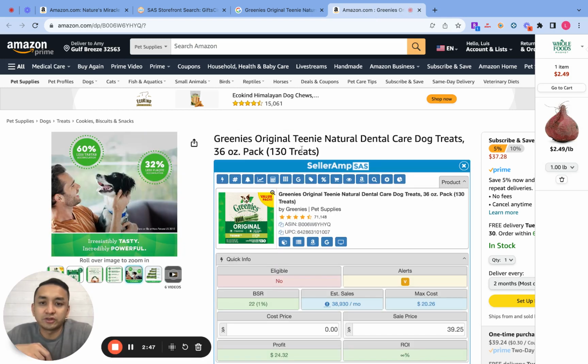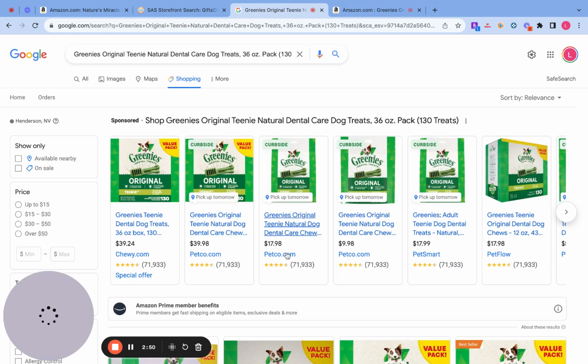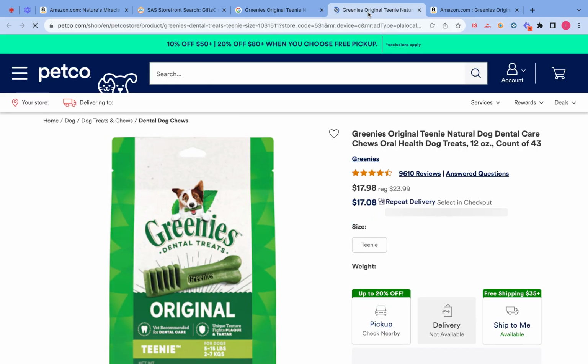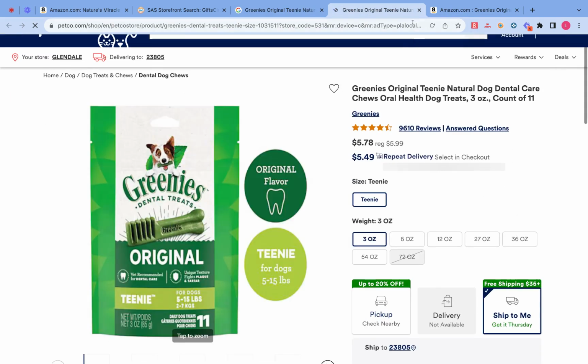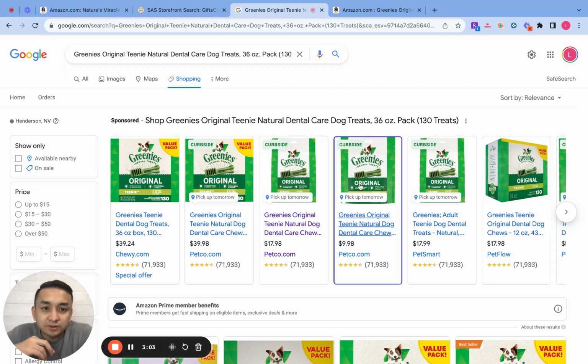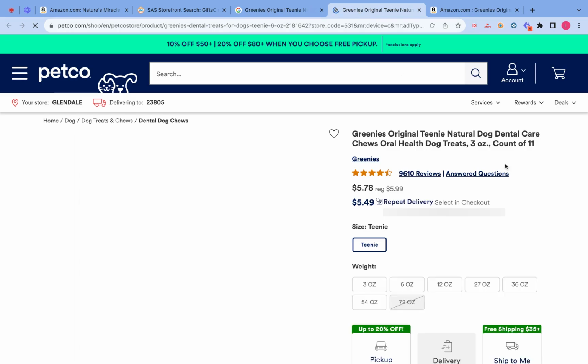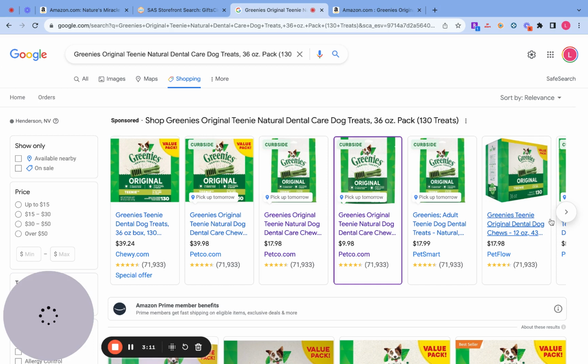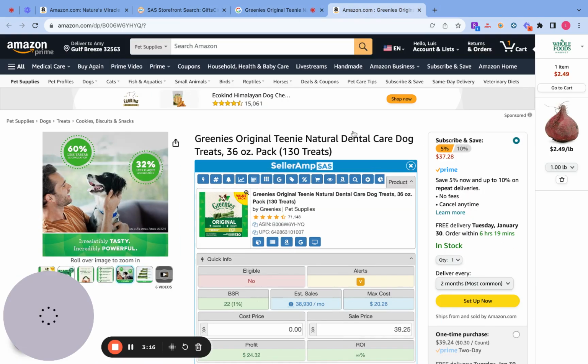This one's 130 treats. This one, I don't think it's 130, but let's see. No, 43 pieces, so no. This one looks like 43 also. 11, so no. We're looking for this product with 130 pieces, right?